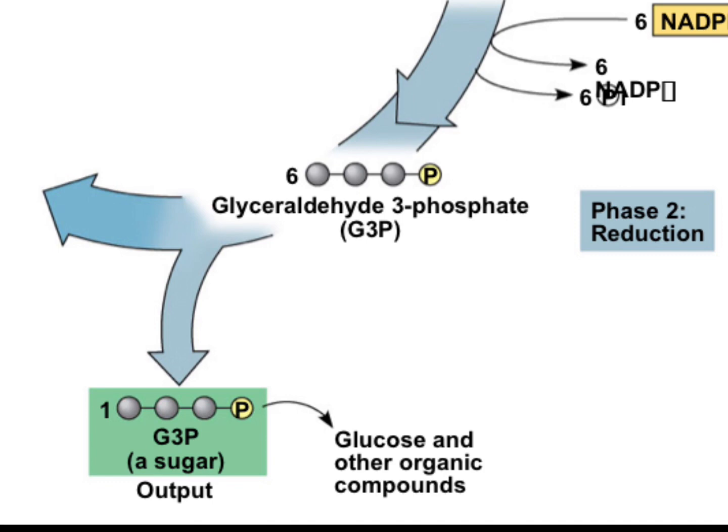Electrons are added from NADPH and, through a series of reactions, 3-PG is reduced to form G3P, a carbohydrate. ADP and NADP+ return to the thylakoids to be converted back to ATP and NADPH by the light reaction.